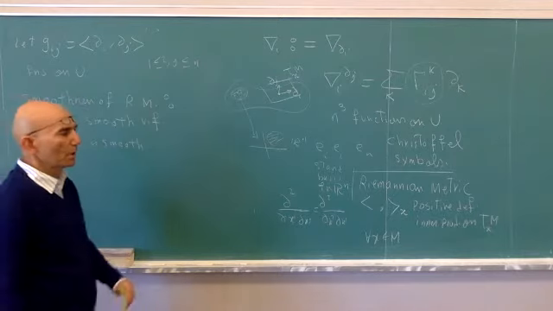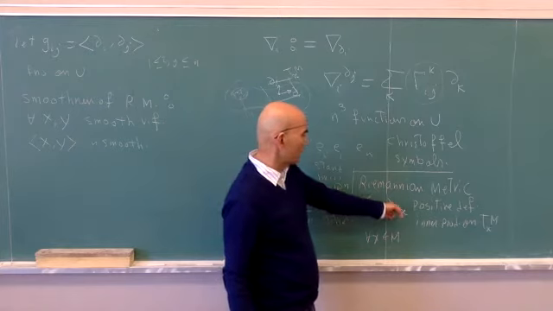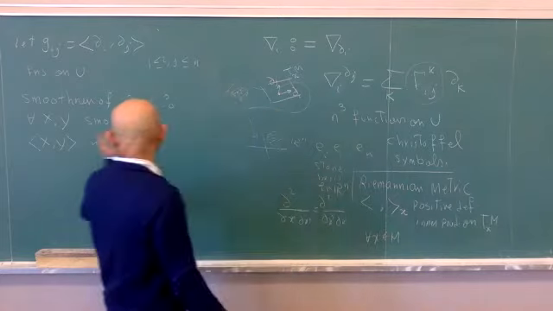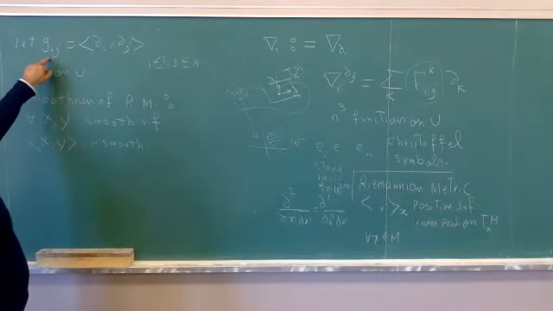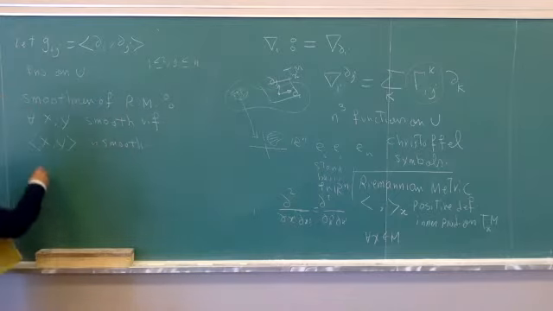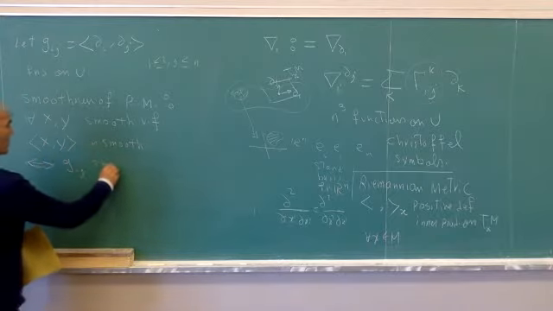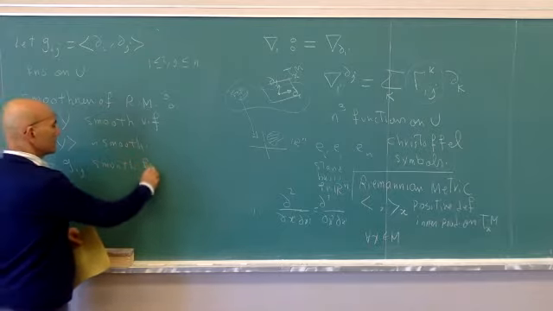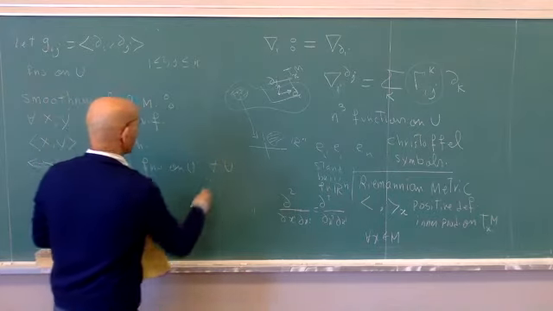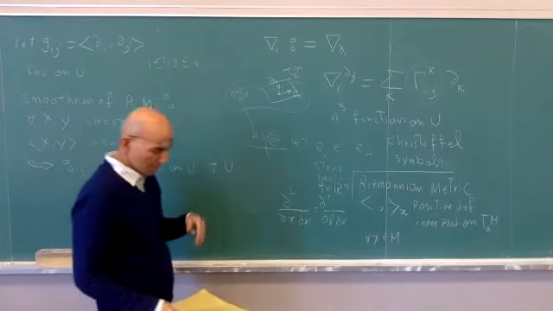It's a very simple, natural definition. Once you put in the first slot and second slot x and y, for any smooth x and y, you should get a smooth function. Alternatively, you can say it is smooth if in some coordinates the g_ij are smooth. This is equivalent to the g_ij being smooth functions on U for all coordinate charts U. So defining smoothness is not a problem.